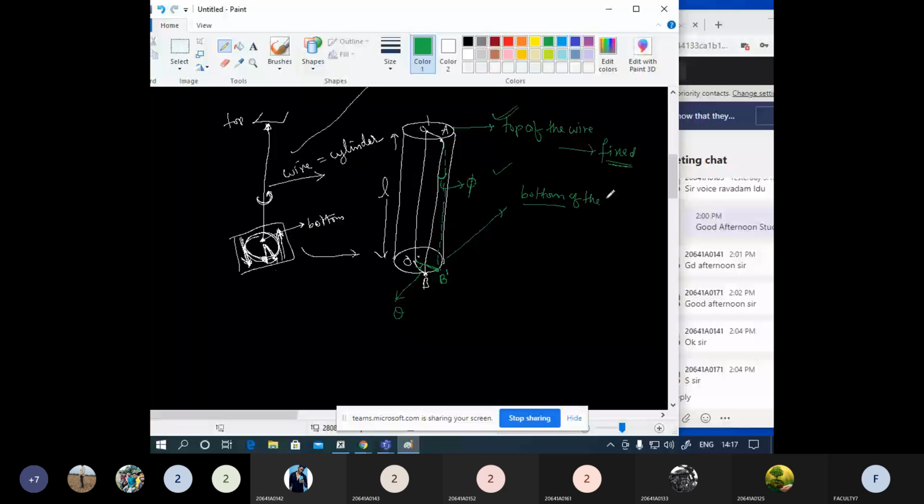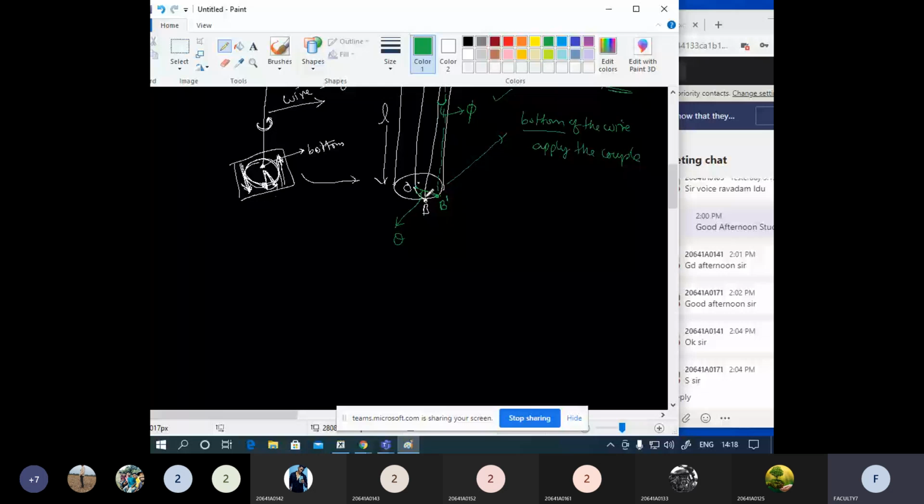Due to this, what are you expecting? There is some angular displacement here. B has been displaced to point B dash with a certain angle theta.